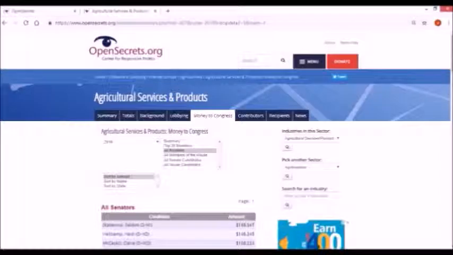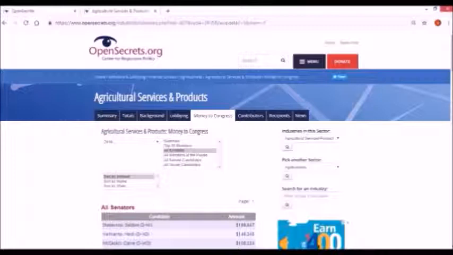Okay, here's a screenshot of OpenSecrets.org, and it belongs to the Center for Responsive Politics. I'd like to thank them very much for letting me use their data. It's a gold mine of wealth when it comes to money and politics. It's set on the Money to Congress page, and it's set to show all senators, as you can see at the bottom.